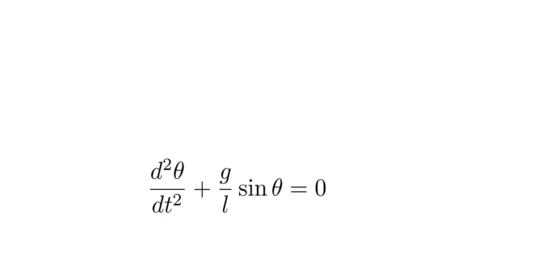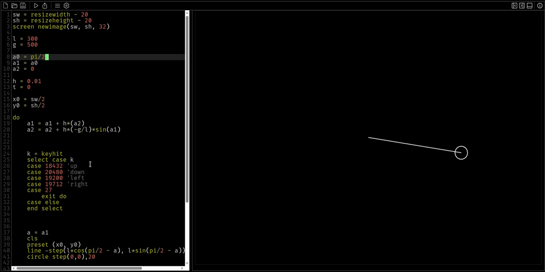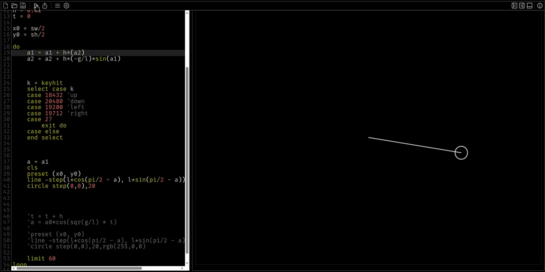So we're solving the so-called simple pendulum numerically, which is a second order differential equation. Let's take a quick inventory of what we have. We have our system of two differential equations being numerically evaluated using Euler's method as such.